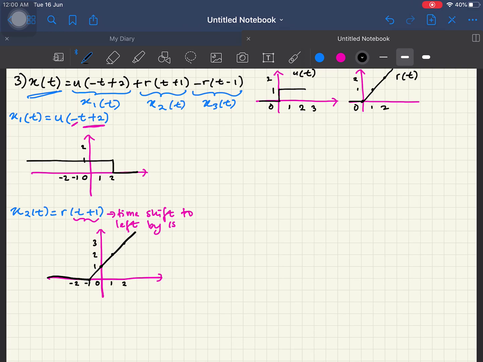The third signal, x3 of t, is equal to minus r of t minus 1.